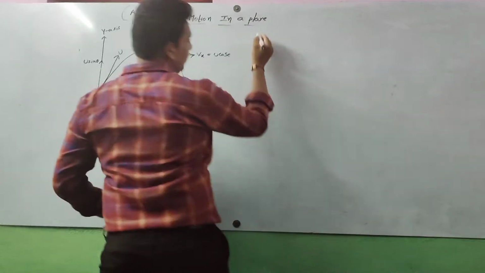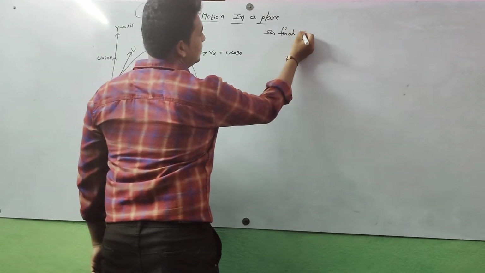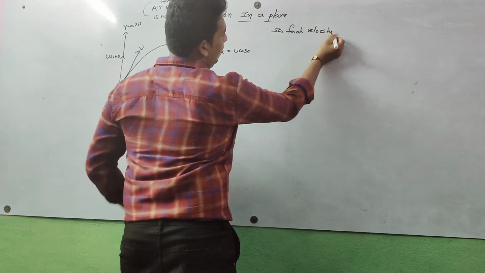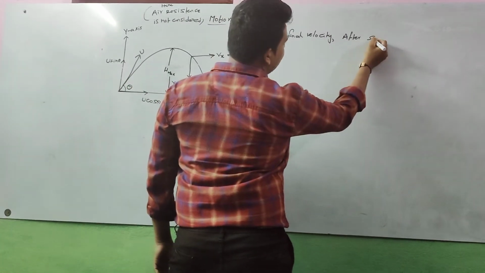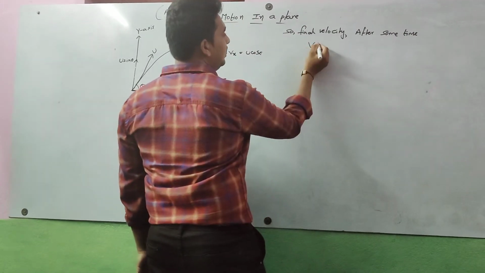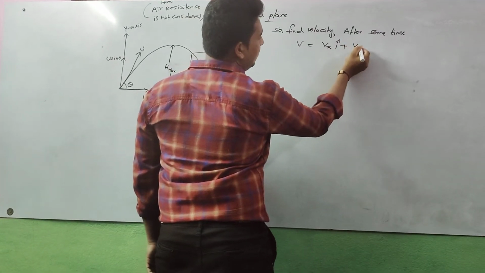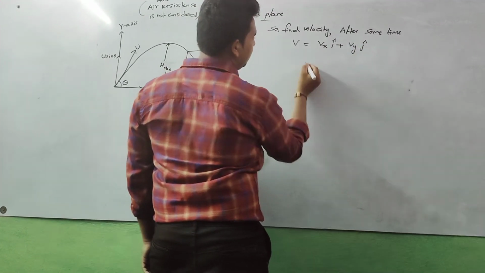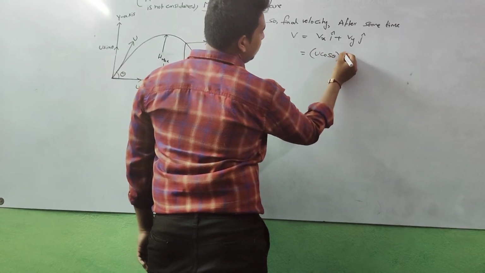Now, the final velocity after some time: v is equal to vx i cap plus vy j cap. Vx means u cos theta i cap.